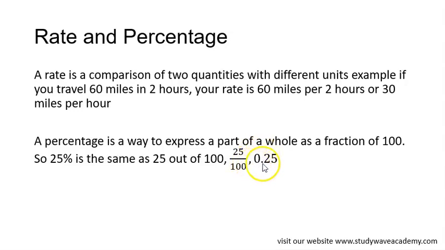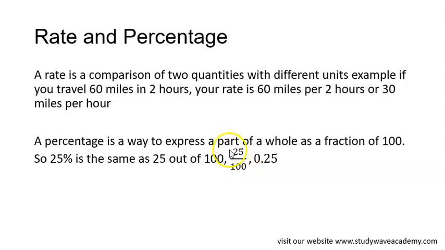And how do we know that 25 over 100 is also 0.25? Let's say there's an invisible point in this 25, okay? And we want to change this 25 over 100 to decimal. There's an invisible point here. We move this point 1, 2, two zeros, okay?